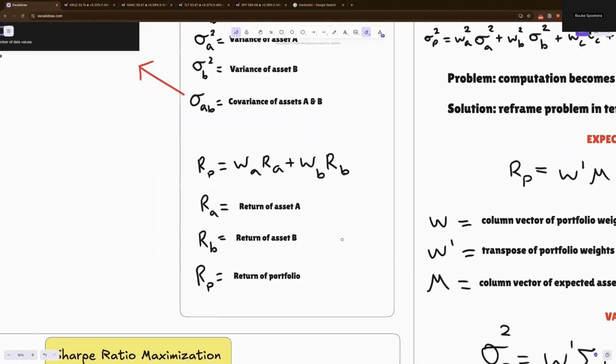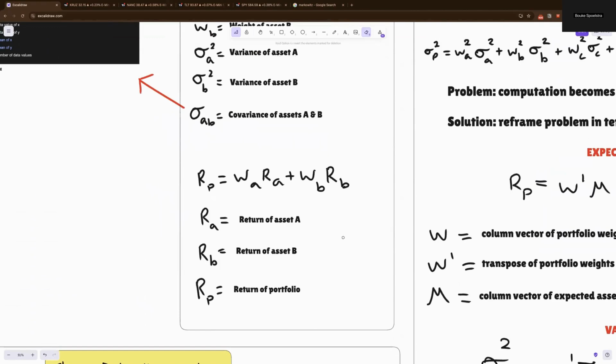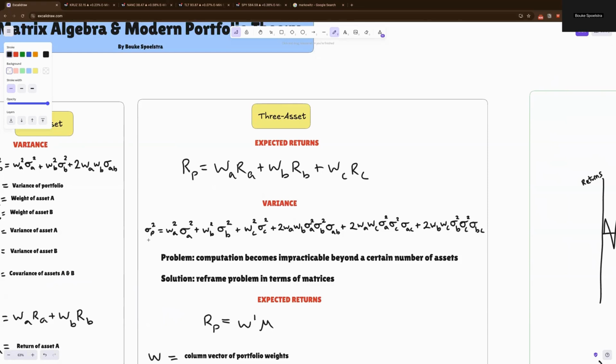Then the formula for the return of the portfolio would be the weight of the first asset multiplied by the return of that asset, plus the weight of the second asset multiplied by the return of that asset.